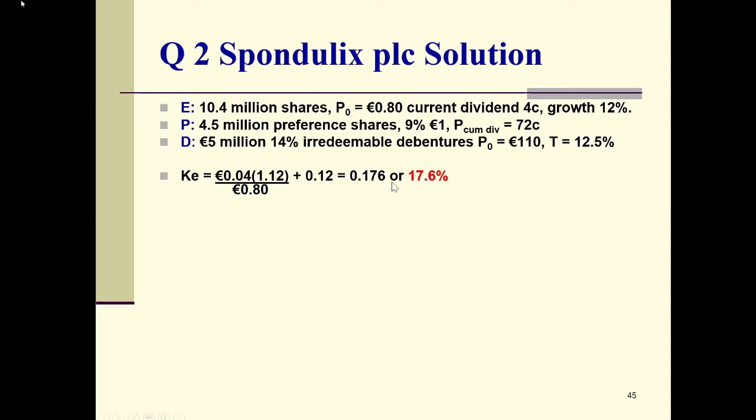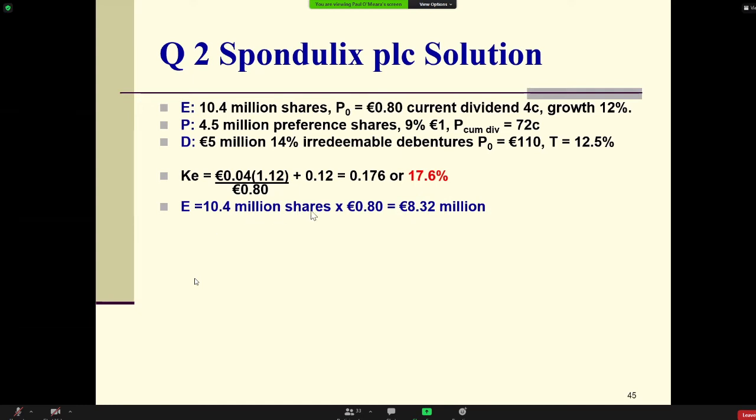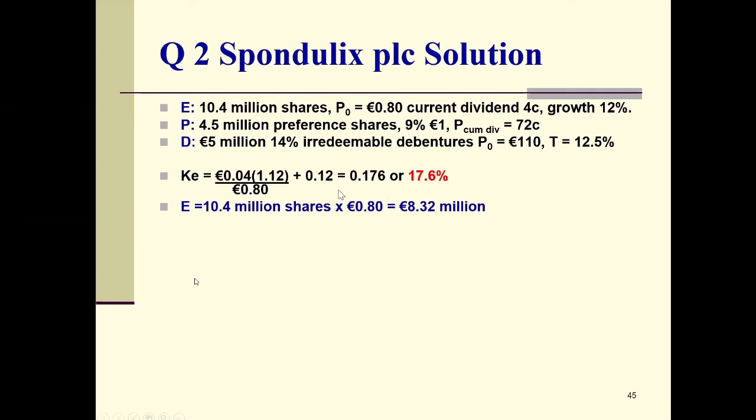Now, when you work out the cost of any form of finance, you also have to work out the value. That's easy. It's just the number of shares, in this case, multiplied by the price. So if you have 10.4 million shares, priced at 80 cents, just multiply those two numbers together. Now, you don't want it in cents, you want it in euros, so definitely have to use the euro symbol here. So 10.4 million shares at 80 cent or 0.8 of a euro, you have the weight.